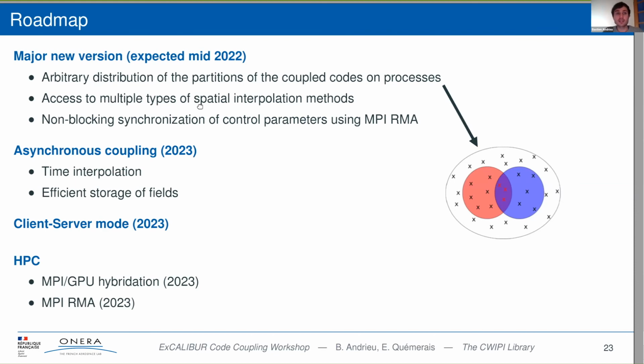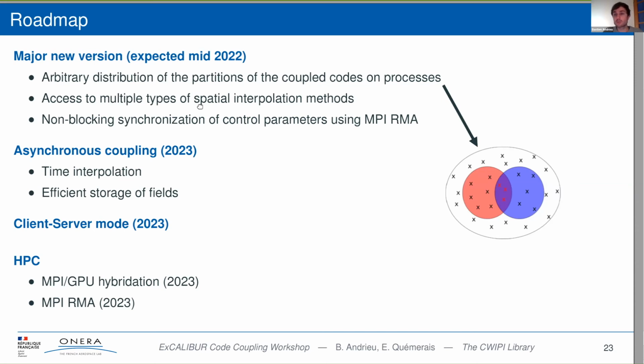Yes, in the next version, the control parameters will be synchronized using non-blocking one-sided communications using MPI RMA. Currently, this is another constraint.